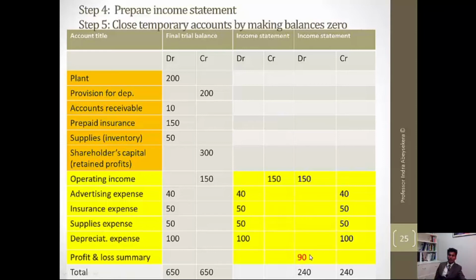To make that happen, we need an additional debit of 90. That is the profit and loss summary.